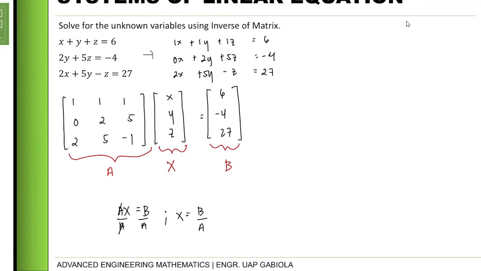Kaya ang gagawin natin is, i-change natin yung B over A by B times inverse ng A or A inverse times B. Depende kung saan magsasatisfy dun sa matrix multiplication natin na form.